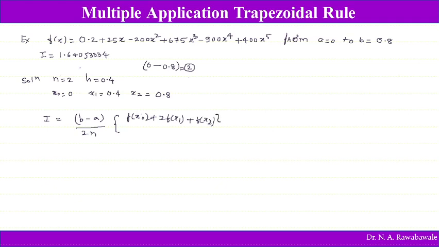So this is the multiple application of the trapezoidal rule. We need to find out f of x0, f of x1 and f of x2.